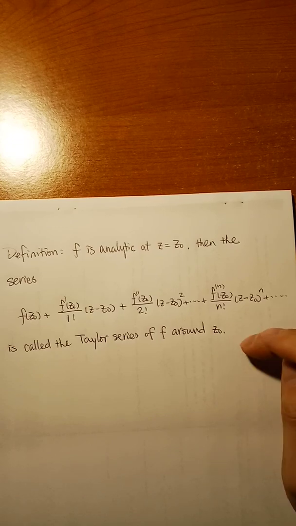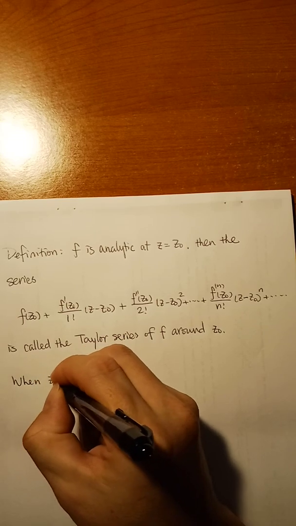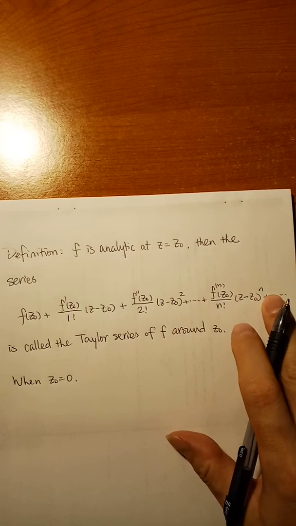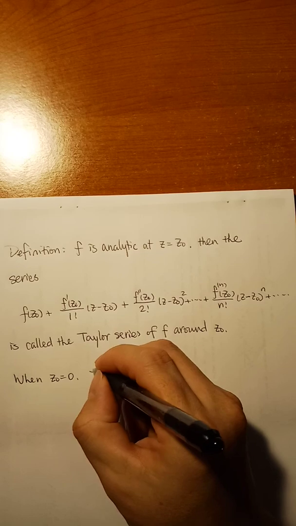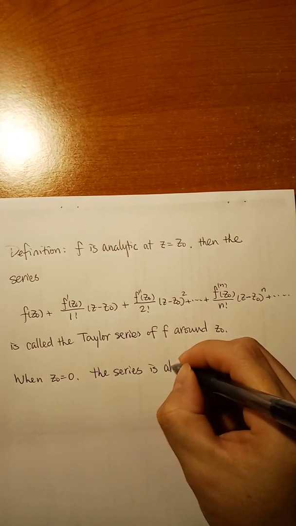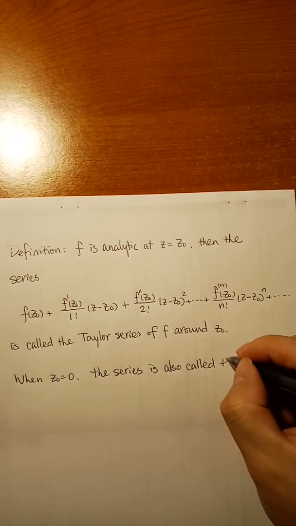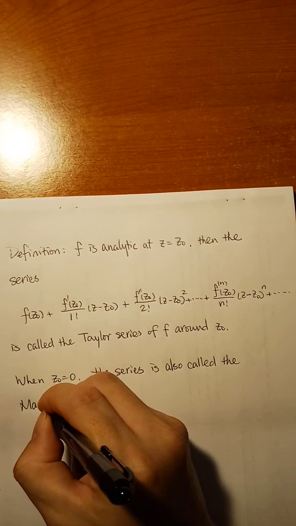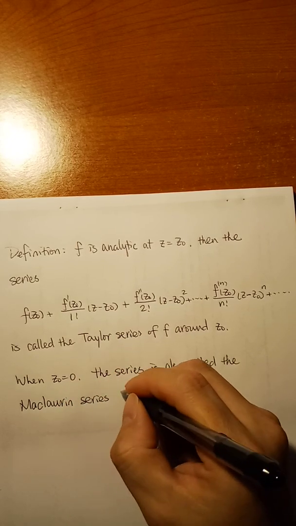And when z0 is equal to 0, then you don't have z minus z0 to nth power, you just have z to nth power. In this case, the series is also called the Maclaurin series for f.